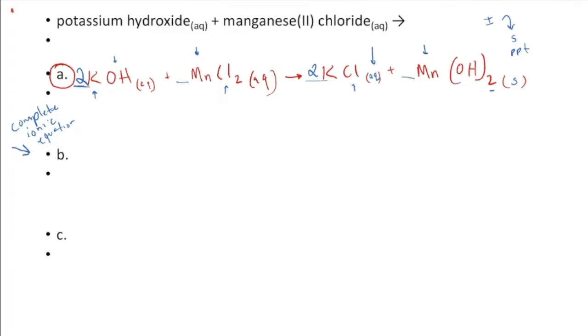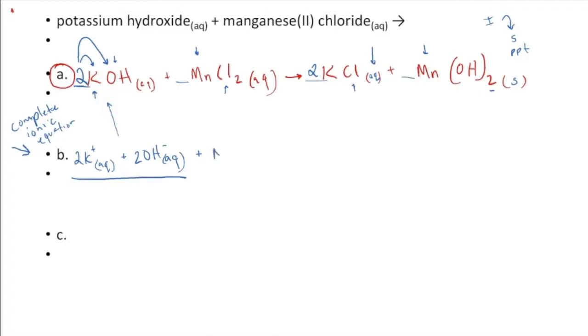So first up, we have 2K plus AQ, and then plus 2OH minus AQ. And both of those come from this right here, because that 2 gets distributed, right? So it's 2K and 2 hydroxides. So then we end up with 2K plus aqueous and then 2 hydroxides aqueous. So you have to do that for everything that is aqueous.